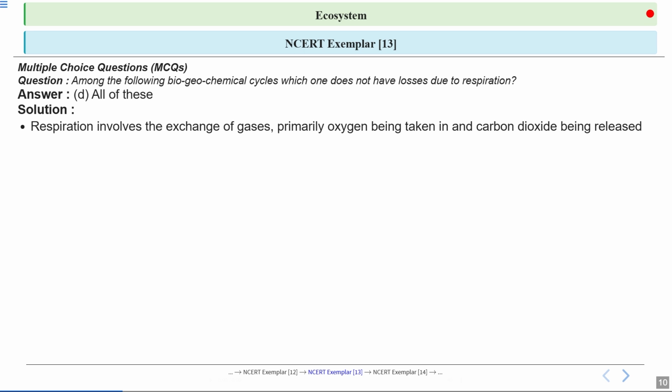Organisms, both plants and animals, need to take in oxygen from the surrounding air or water. This oxygen is then used in the cells to break down food molecules to produce energy. As a result, a waste gas, carbon dioxide, is produced and released back into the environment.